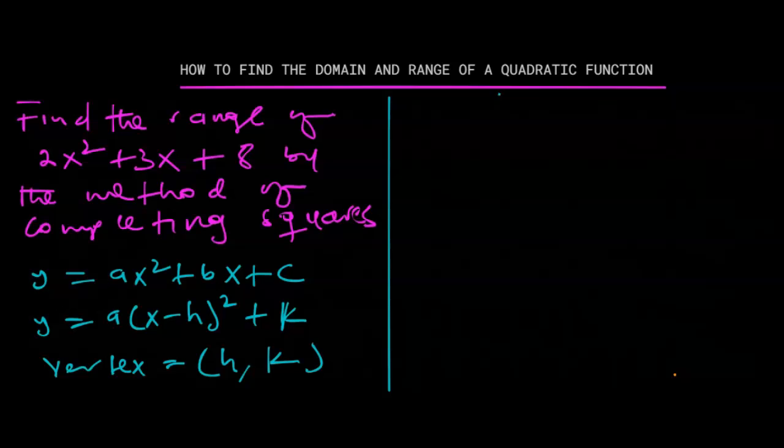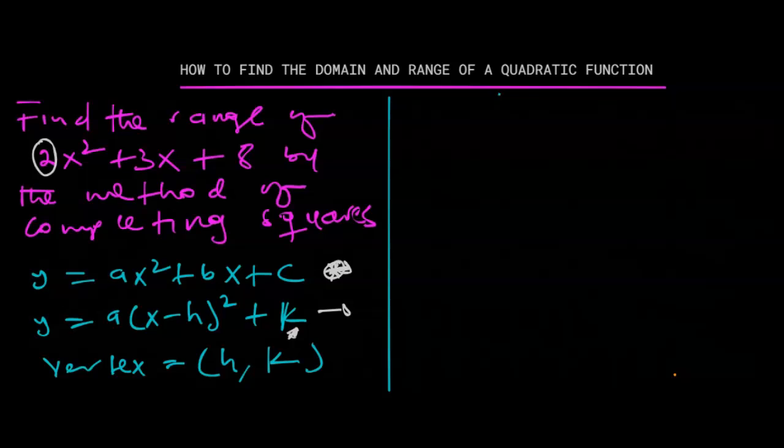Now, by the method of completing squares, all we have to do is to write the quadratic function in the form y equals a times x minus h all squared plus k. Now our target is k, and because we know that this is positive, we know the graph is going to have a minimum value. So let's go ahead and do this.